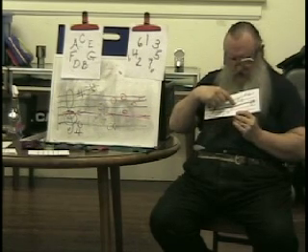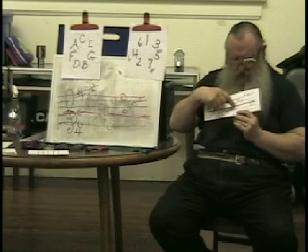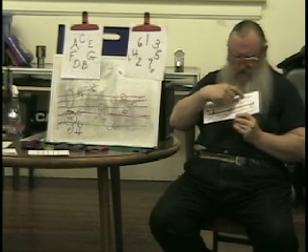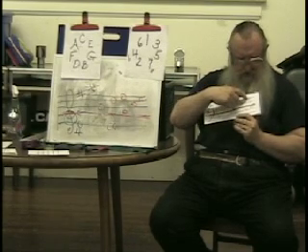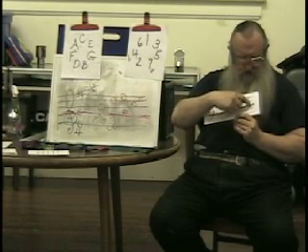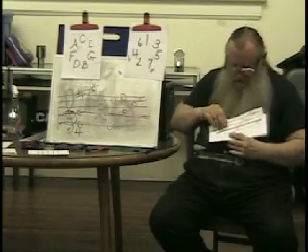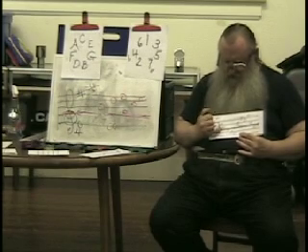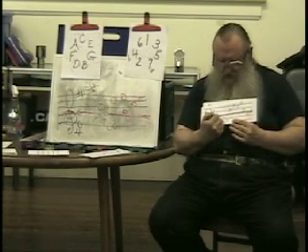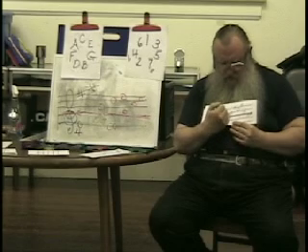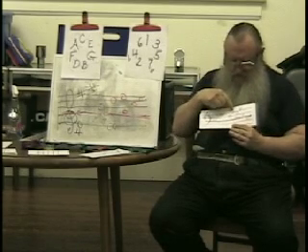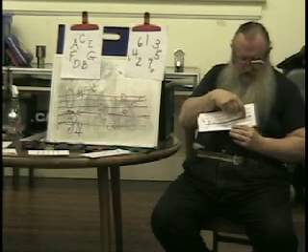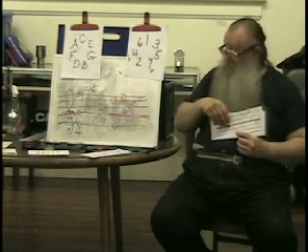Then that would be 2, 4, 3, 6, 5, 7, 1. Got it? Doesn't matter what your clef is. Okay? What's that? 1, 7, 6, 5, 3, 5, 4, 6, 2, 7, 1.